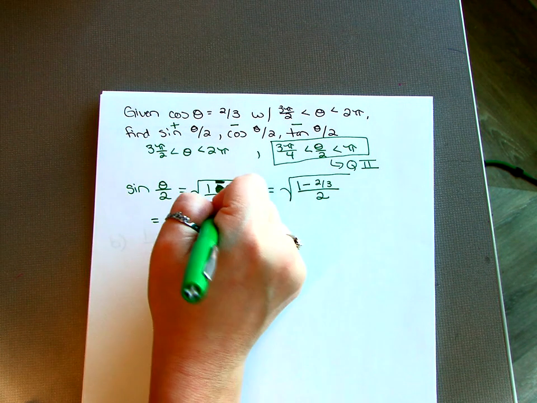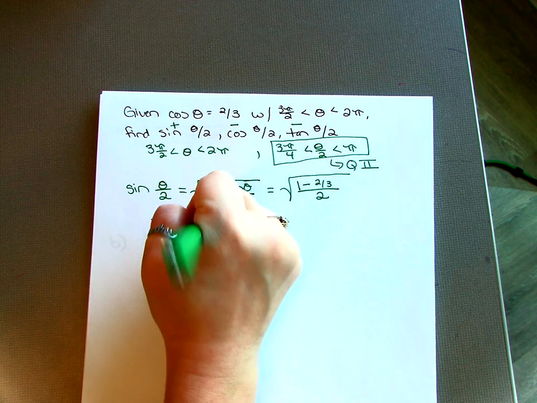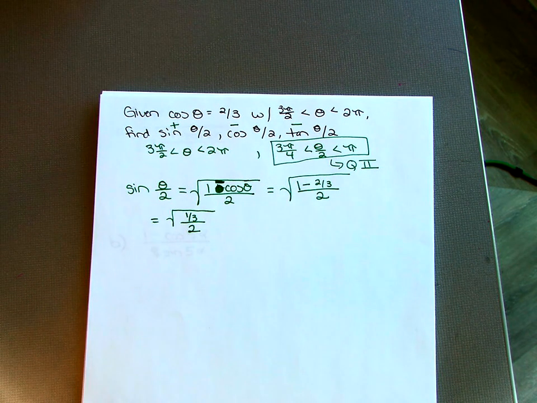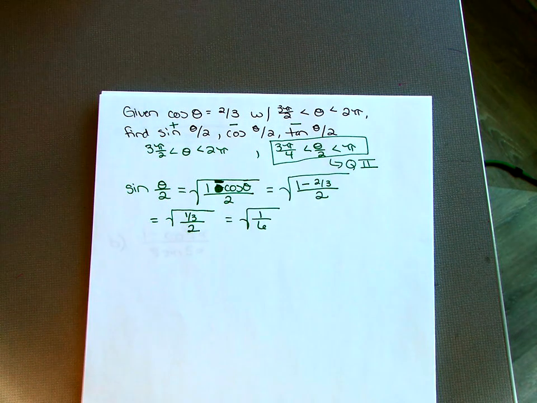One take away 2/3 will give me 1/3 over 2, which is 1/6. Because if you're dividing by 2, it's the same thing as multiplying by a half. 1/3 times a half is 1/6.